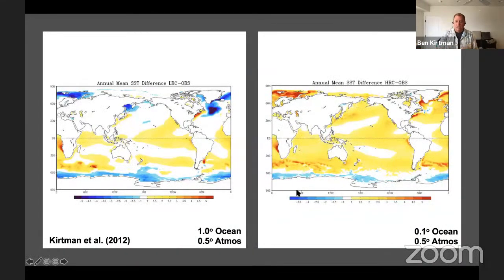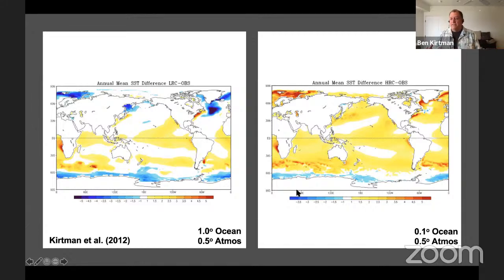To start out, we published this paper in 2012, running a tenth of a degree ocean with a half degree atmosphere, and comparing it to a 1 degree ocean with a half degree atmosphere. This is the annual mean SST bias in those two runs. You can see the bias is quite different, particularly in the extratropics, in the eddy-rich regions.